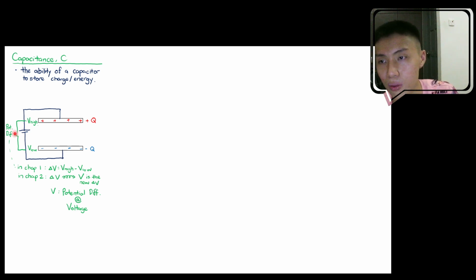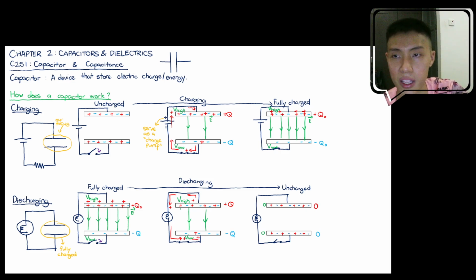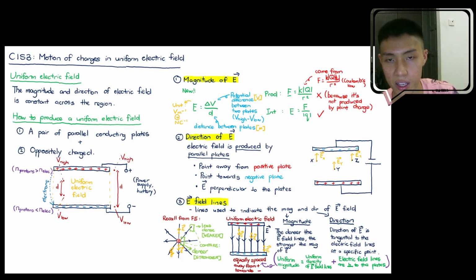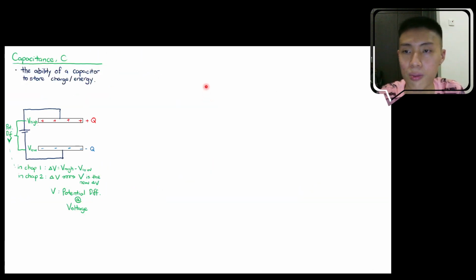Because we have V high and V low over here, there will be a potential difference, or voltage, set across the two plates. Therefore, there's a potential difference V over here. Based on what we discussed in chapter 1, because there's V high, V low, and a distance across them, delta V over d will result in an electric field being formed.